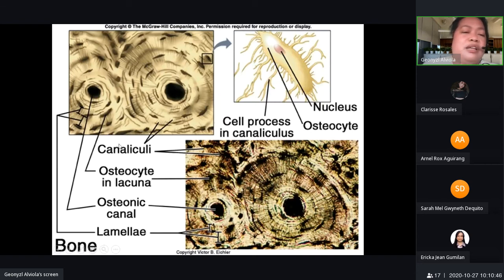Canaliculi are tiny projections that connect to the Haversian canal, and this is also the structure where the nutrients and the blood and nervous innervation will pass through, connecting to the bone cell. So, inside the lacuna, you already have the bone cell, the osteocyte. It is also like cartilage, as if it is encapsulated.